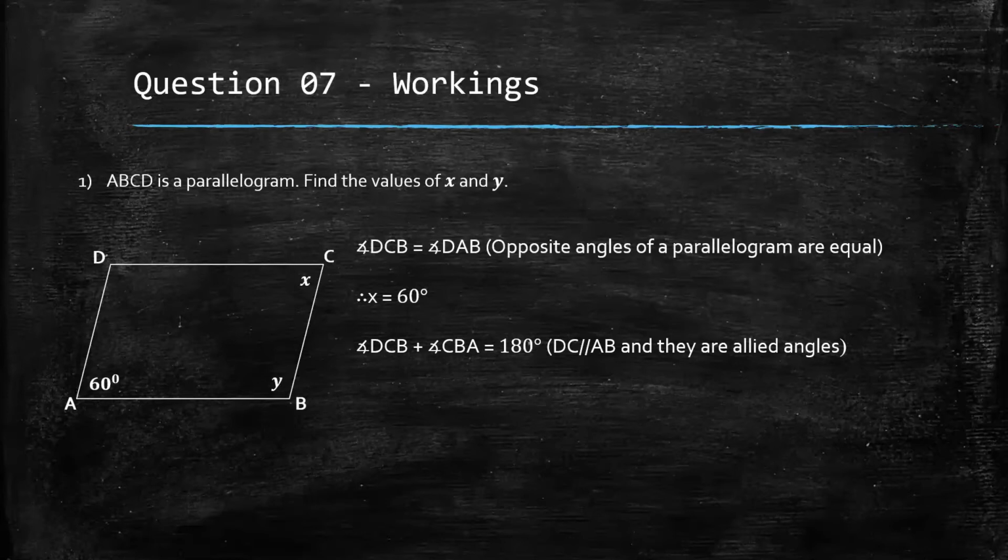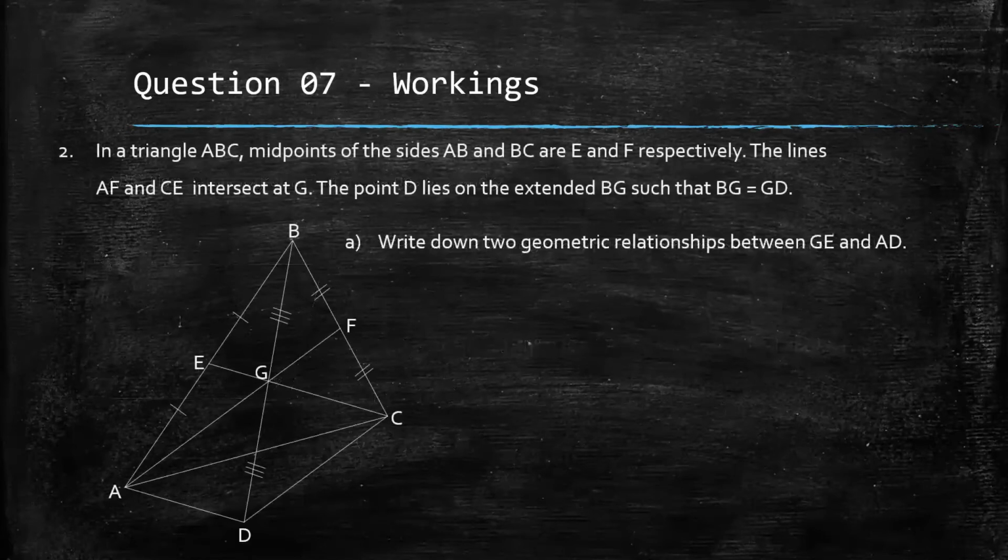This is another basic characteristic of a parallelogram. Therefore x plus y equals 180 degrees, and y equals 180 degrees minus 60 degrees. So y equals 120 degrees. Okay, let's move to the second question under that.